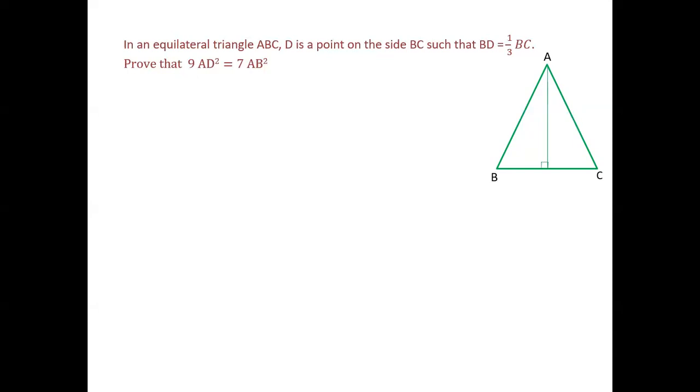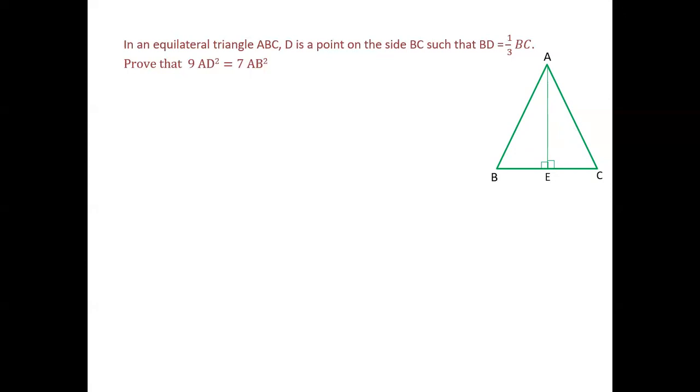This is a perpendicular, therefore this angle here is 90 degrees, and on the other side also we have 90 degrees. Now we name this point as point E.